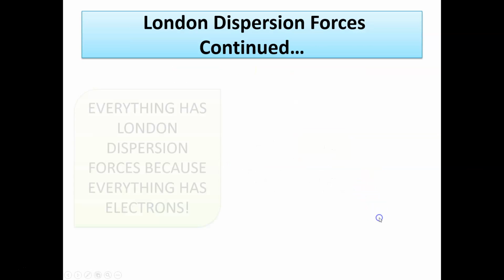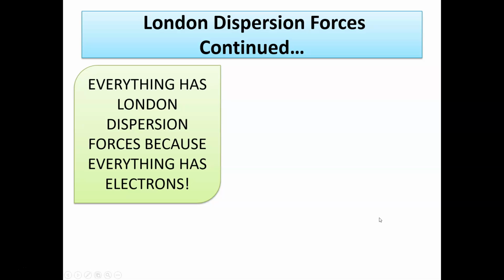Next, just want to make sure we really understand that everything has London dispersion forces because everything has electrons. Everything has a chance, in a brief moment in time, for the electrons to be unequally distributed because they're buzzing around randomly. So just sheer chance they may end up unequal.